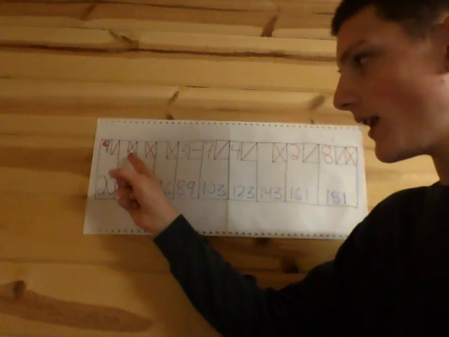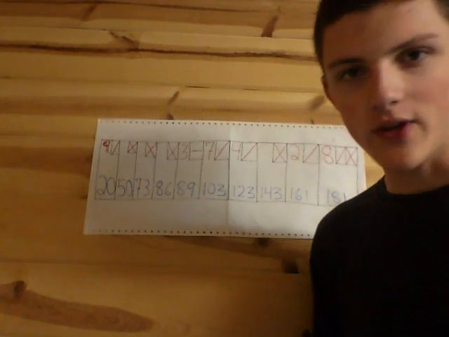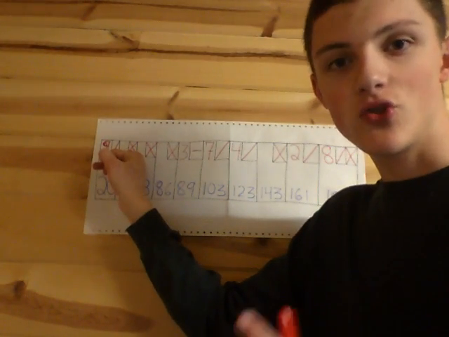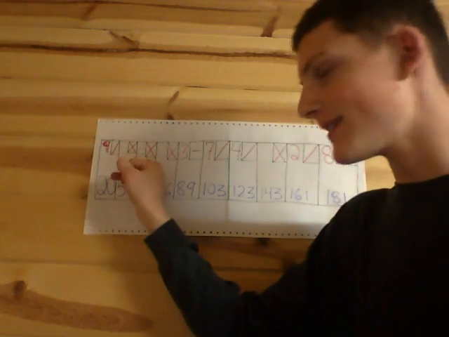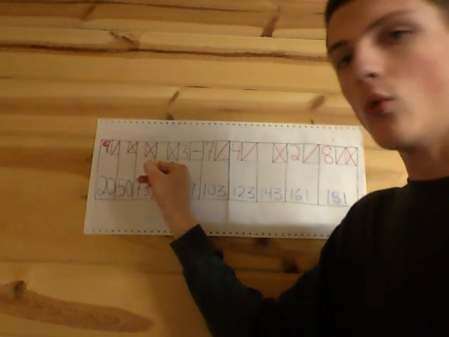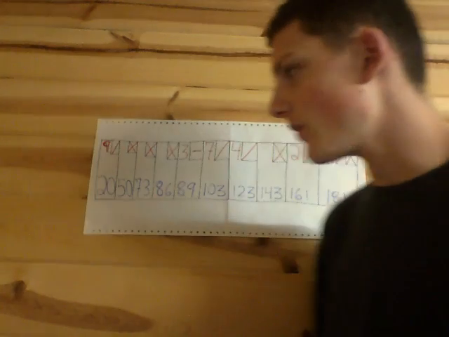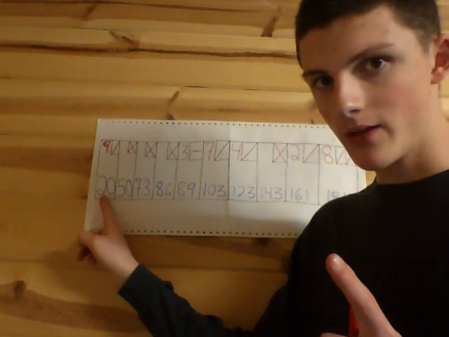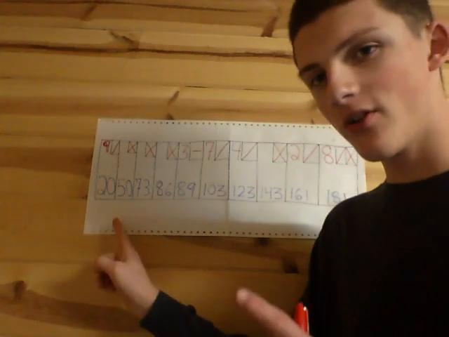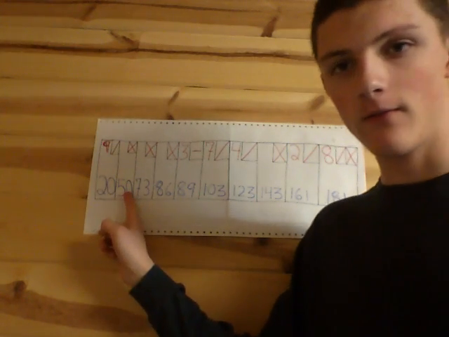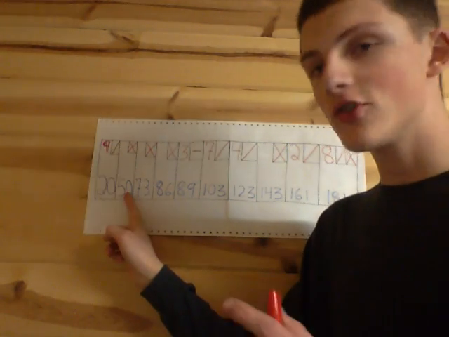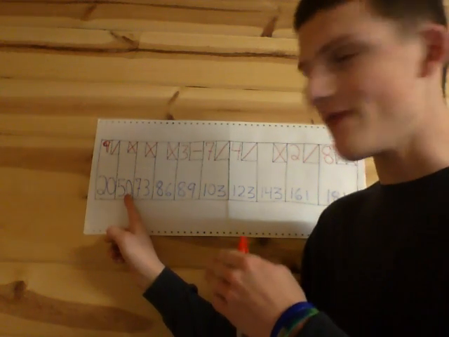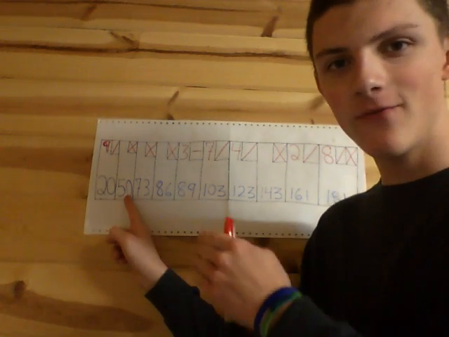So in this case, I bowled 3 strikes in a row: 10 plus 10 plus 10, which equals 30. So I take 20 as the first frame plus 30 to get the second frame's score, and the second frame's score concludes as 50.